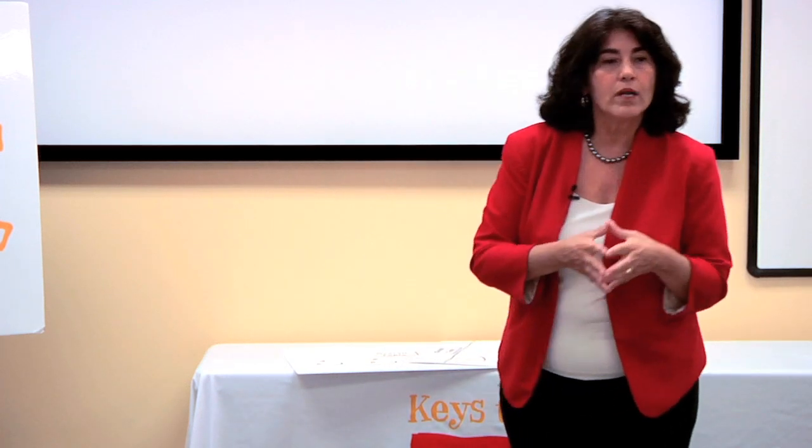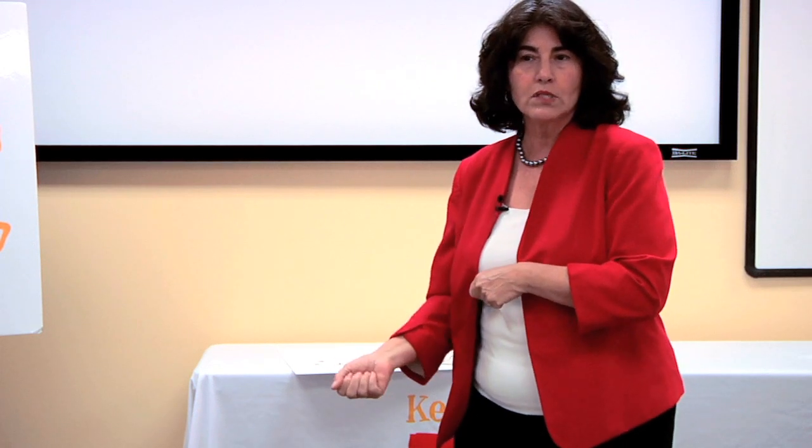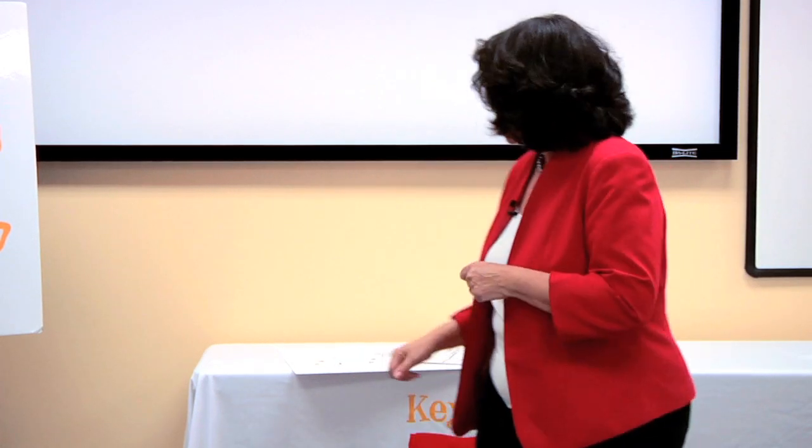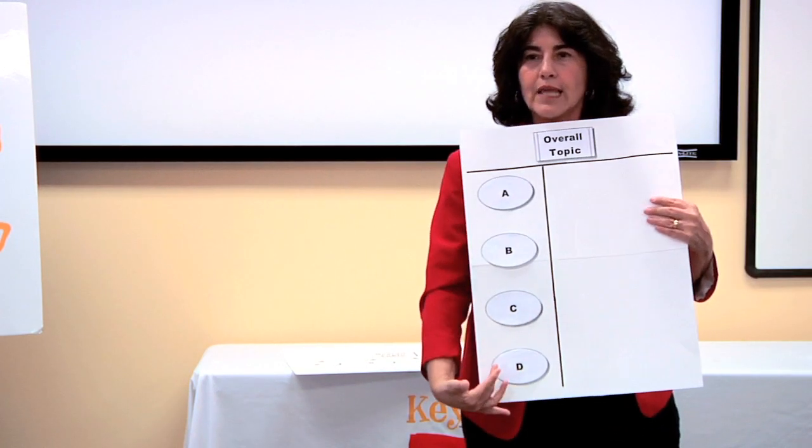The last thing that I wanted to mention is the connection between two-column notes and the top-down topic webs. So we've been showing how we start with our main ideas on the left side.